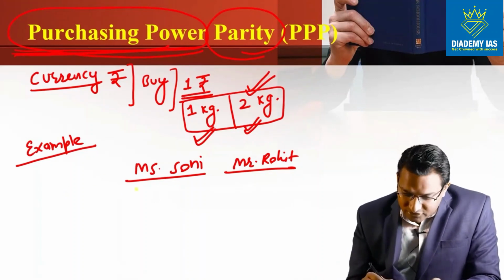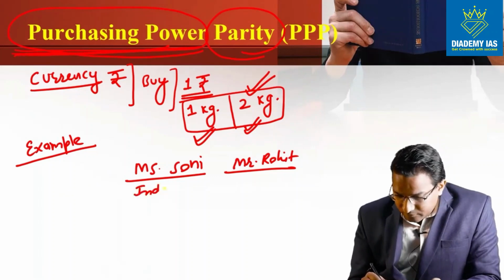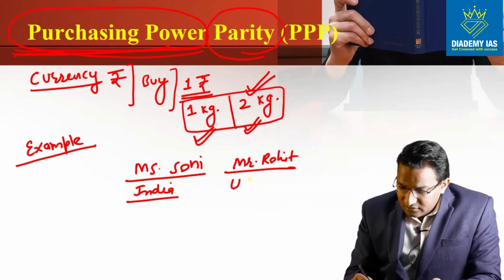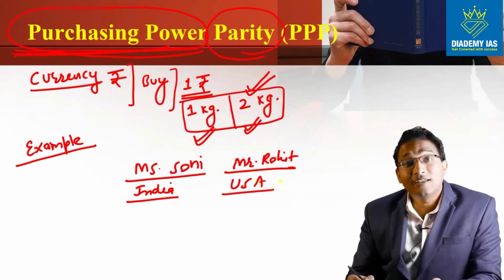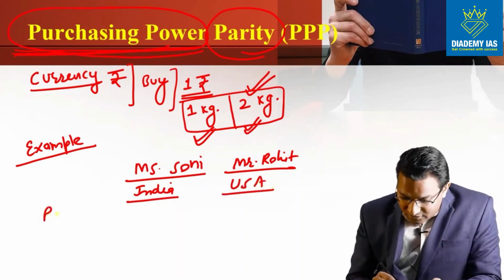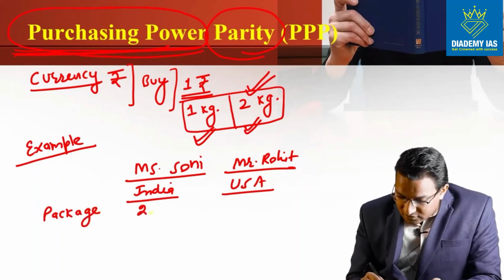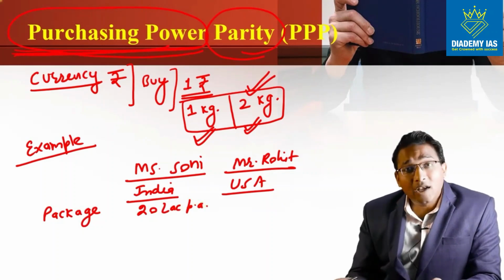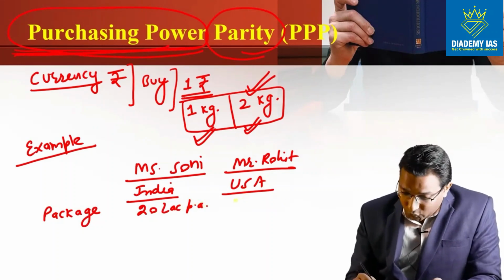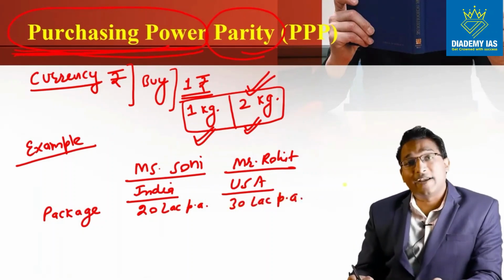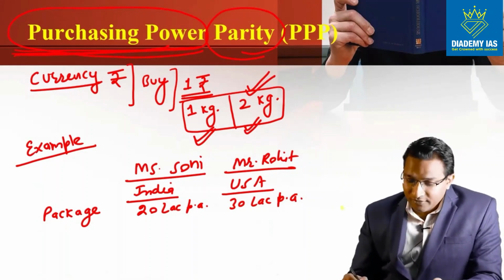Miss Soni is working in India, and Mr. Rohit is working in USA. The annual salary package of Miss Soni is 20 lakh per annum, and the annual package of Mr. Rohit in the USA, if we convert into Indian rupee, comes to 30 lakh rupees per annum, right?